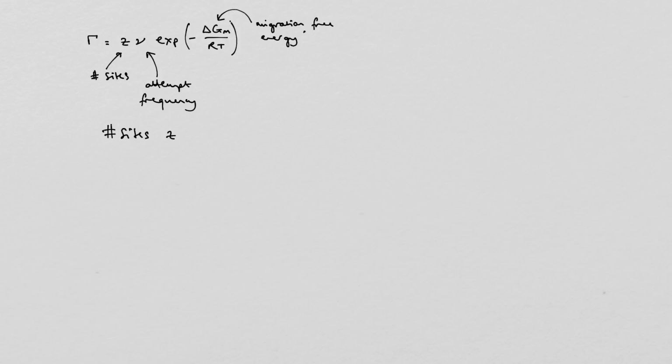Now we have to take the number of sites but multiply by the probability that that site is vacant, in other words, the probability there is a vacancy on any particular site. So in gamma, let's keep Z as just the number according to the crystal structure, and then we multiply that by the mole fraction of vacancies, and then we've got the rest of it as before.